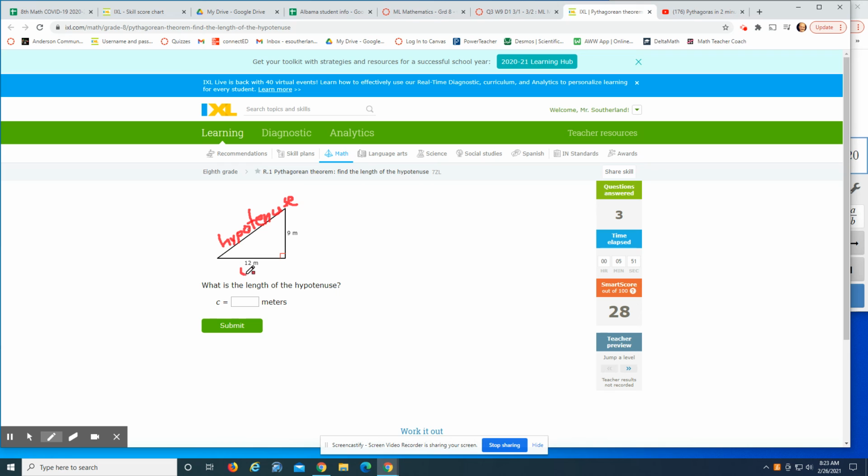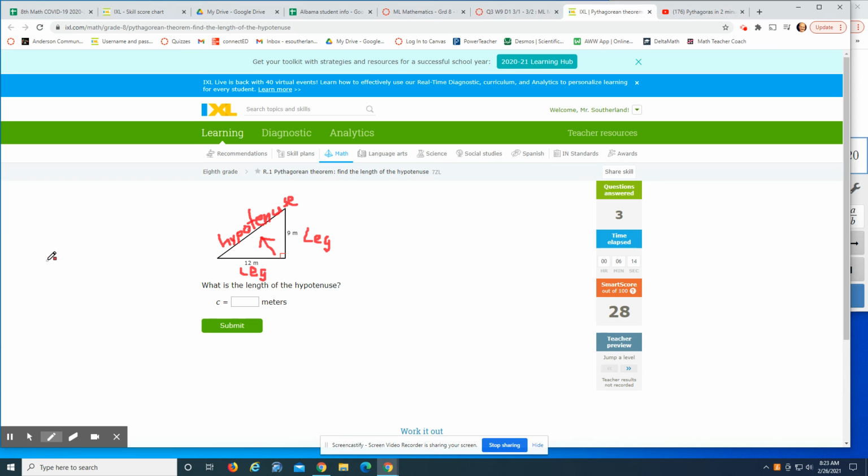So these two are called legs. The only thing that matters is that you know the hypotenuse is the longest one, and it's always going to be across from the right angle. If you have questions or need help with these types of problems, feel free to email me.